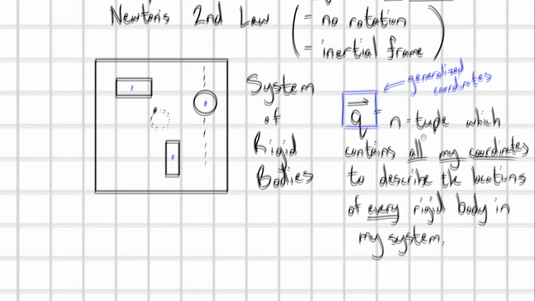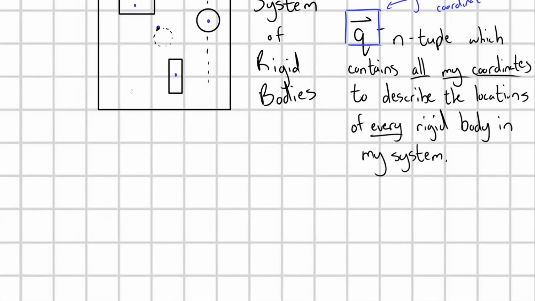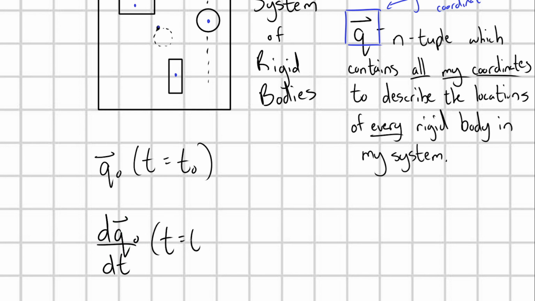But here's the point. Let's say that you give me, for this system, an initial set of coordinates, Q naught, which are the initial coordinates at some initial time t equals t naught. And it turns out you also have to give me information about the generalized velocities at t equals t naught.